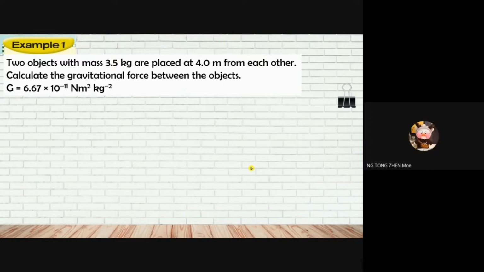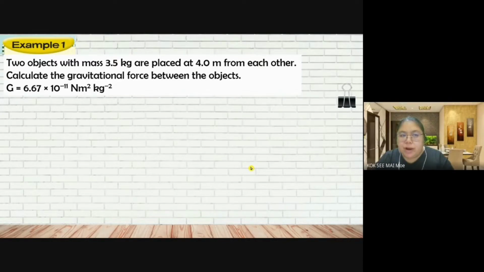Yes, teacher. Okay, so we're going to try example 1 question. Every time I just remind you to write the info before we start to answer the question. So from here, they say two objects with mass. They want to find the gravitational force; at least there are two objects, because they pull on each other. The first one, they tell you 3.5, placed at 4 meters, which is the distance from each other.